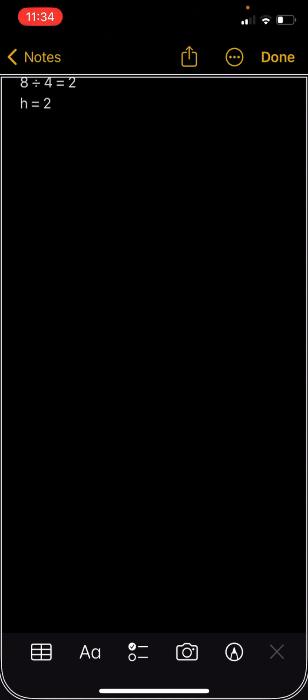In order to find k, we use the function that is in the formula there. This is the function here, f of h. We simply plug back the value that we found for h into this function.